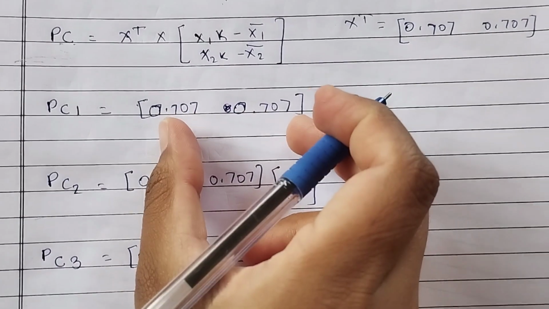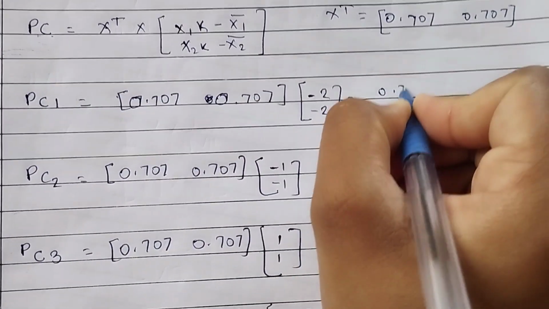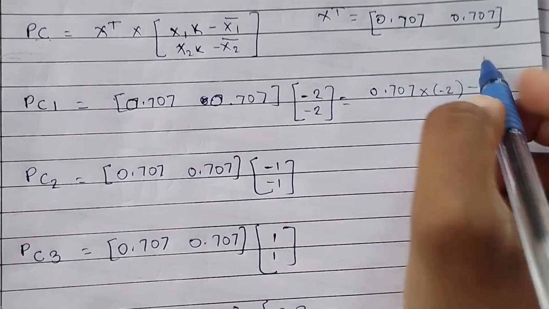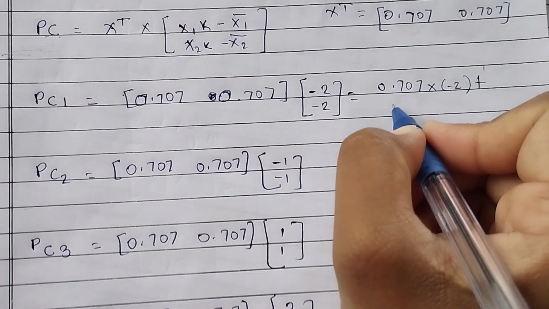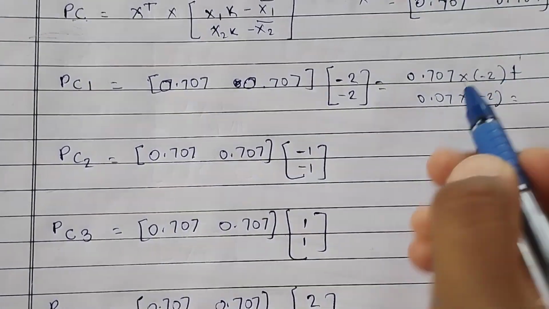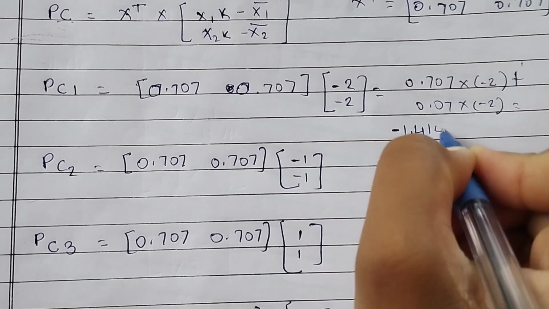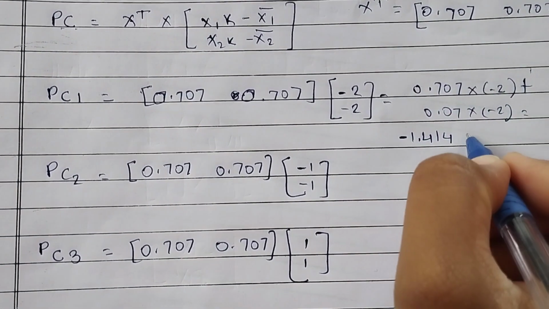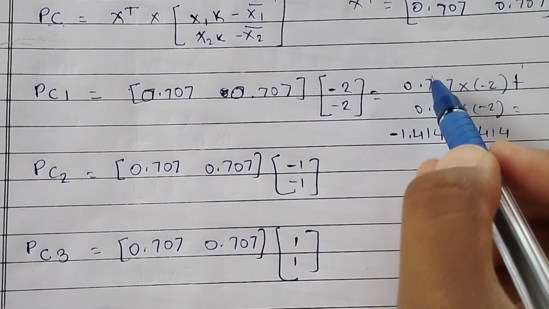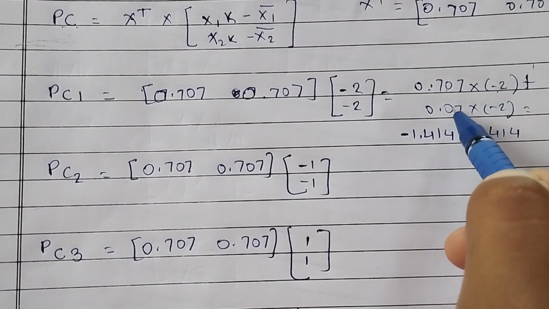So how do we simplify? First row, first column. So 0.707 into minus 2 plus 0.707 into minus 2. This is nothing but minus 1.414, and the second term is also minus 1.414.